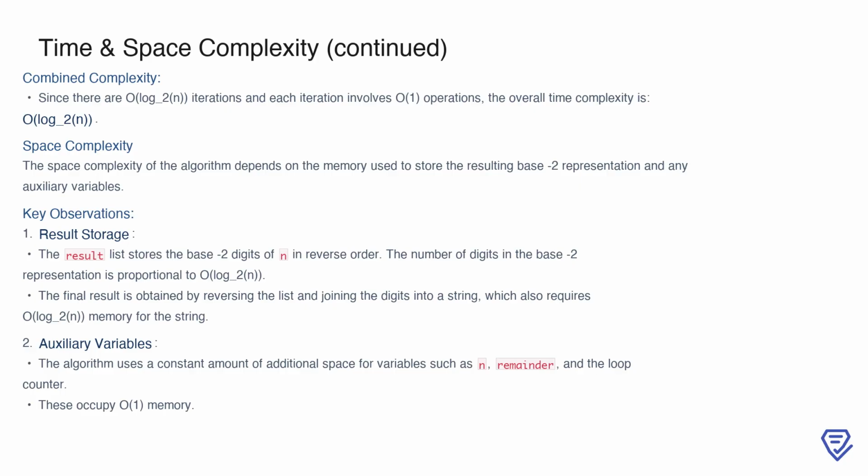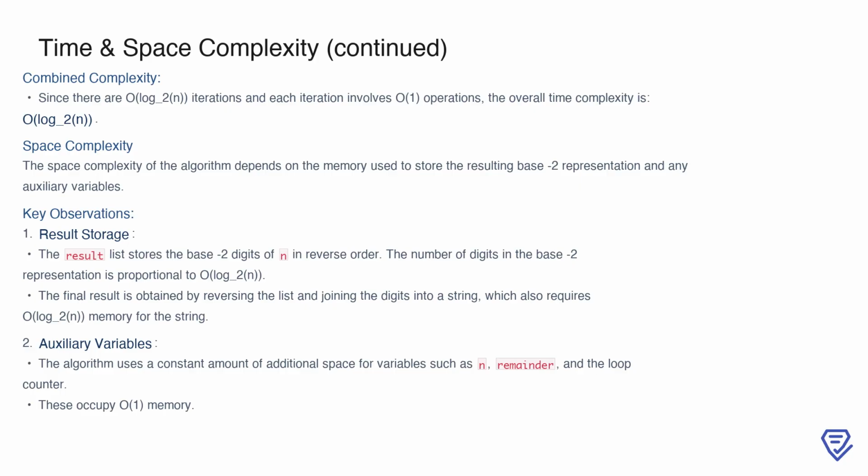dominates the computation. Now, turning to space complexity, the memory usage primarily depends on the storage required for the result list and any auxiliary variables. The result list stores the digits of the base -2 representation, and since the number of digits is proportional to O(log_2 n), the memory required for this list is also O(log_2 n).